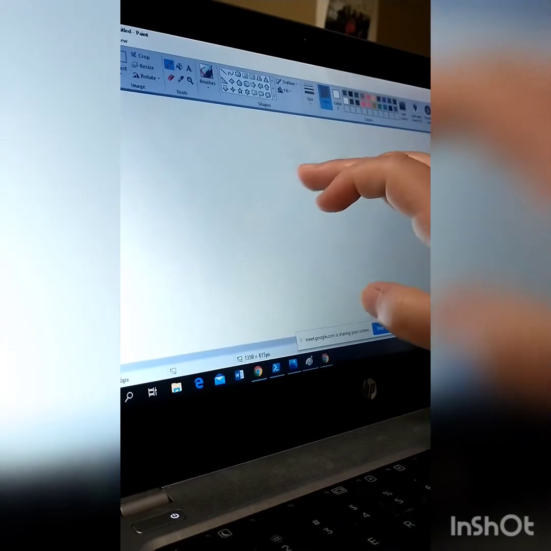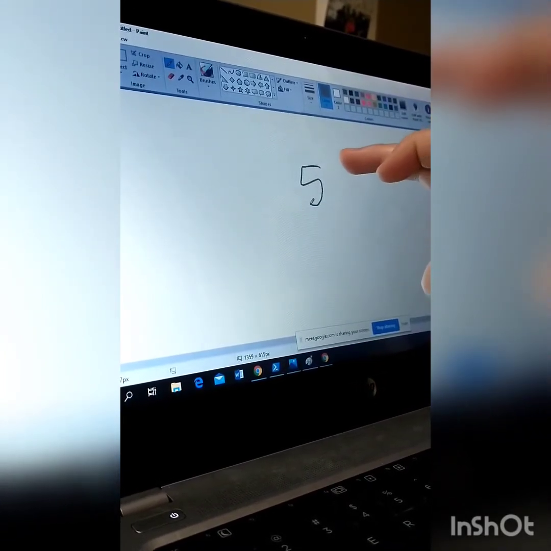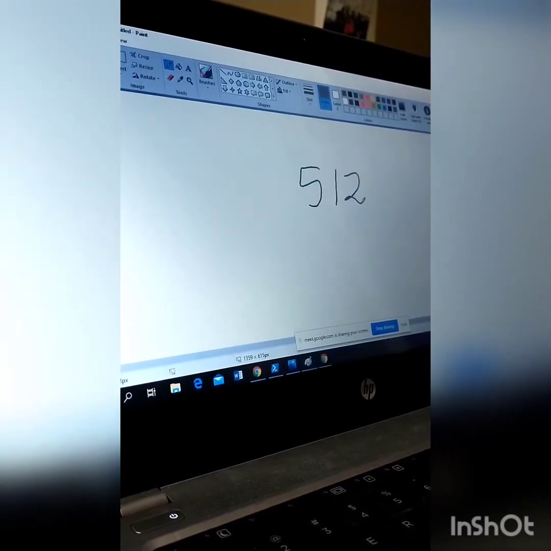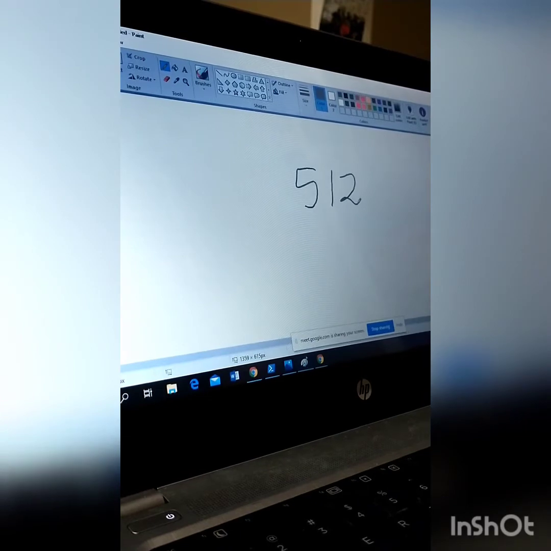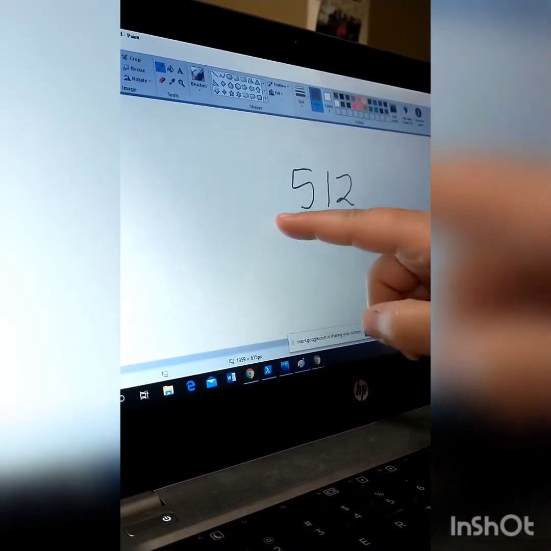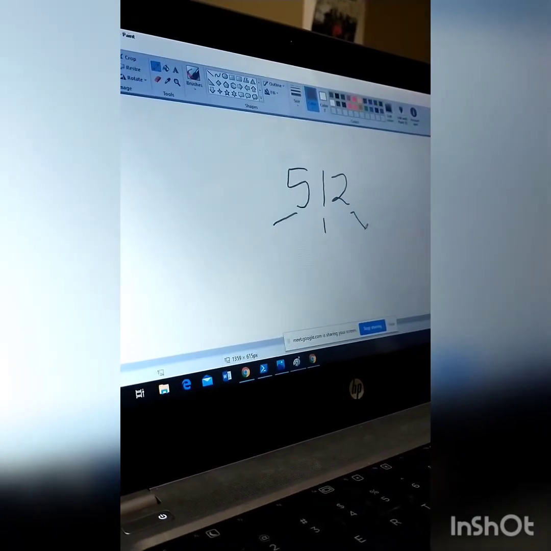All right, so when we're doing expanded form, keep in mind that it's really not too different when you include a decimal. Okay, let's say we have this whole number, 512. What I'm doing when I do expanded form is I'm breaking each number down according to the place value in a long addition sentence.